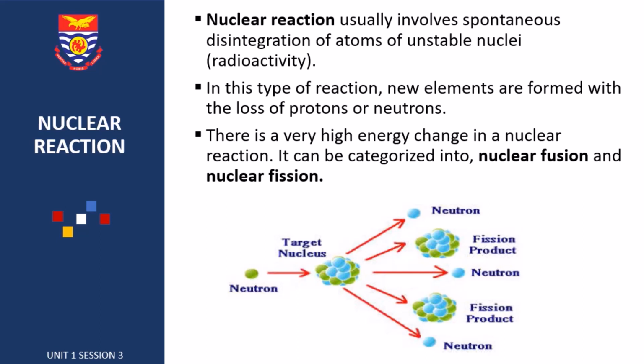In nuclear fusion, two light nuclei combine to form a heavier nucleus, and a large amount of energy is released in the process. In nuclear fission, a large unstable nucleus is split into two smaller stable nuclei, and energy is released.